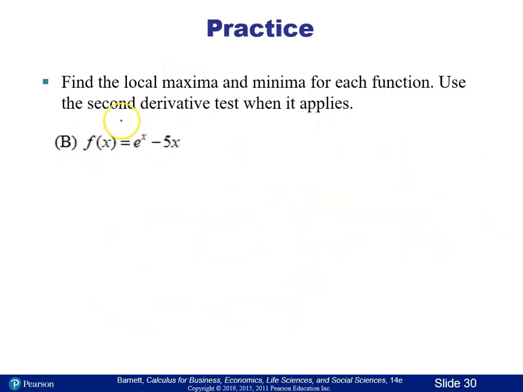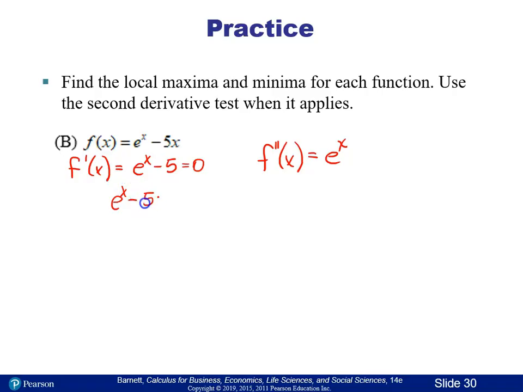Okay, so on this one, same process. We're going to look at our first derivative here. The derivative of e to the x is e to the x. The derivative of 5x is 5. Our second derivative would just be e to the x because the derivative of 5 is 0. So if I'm looking for the critical numbers, I'm going to set that derivative equal to 0.